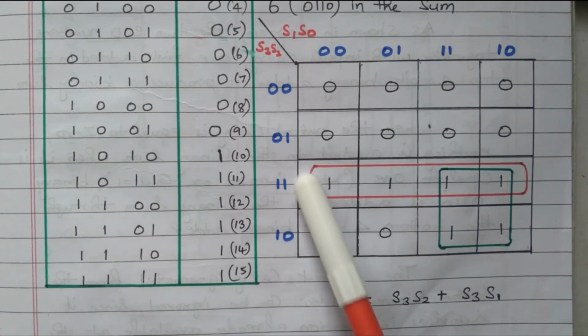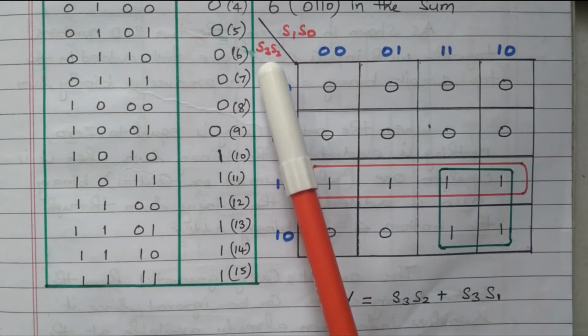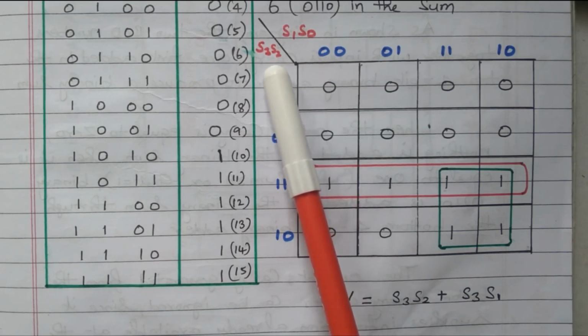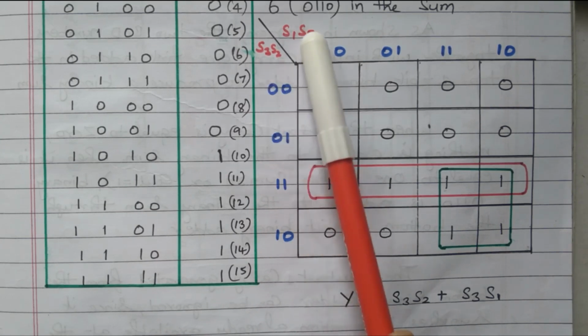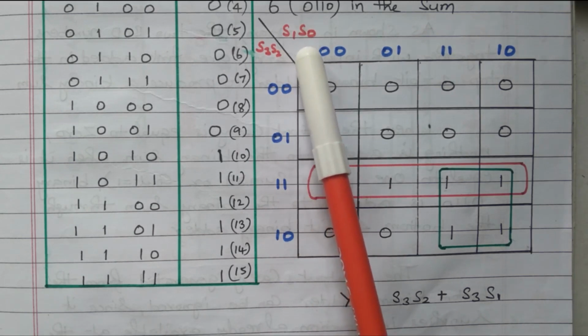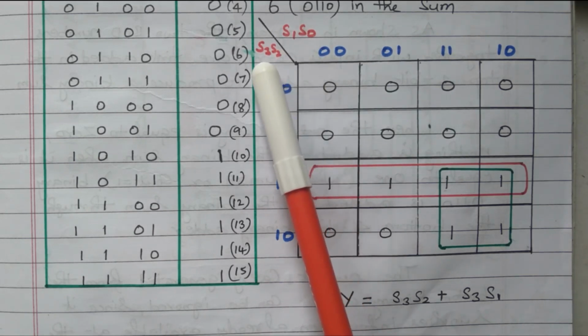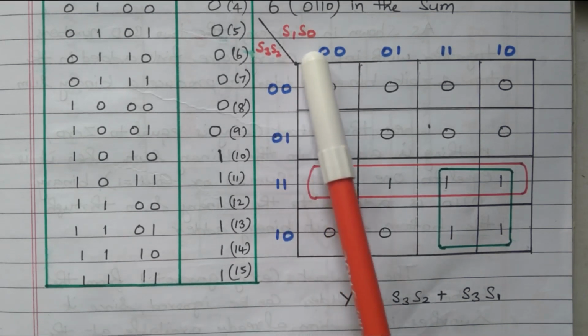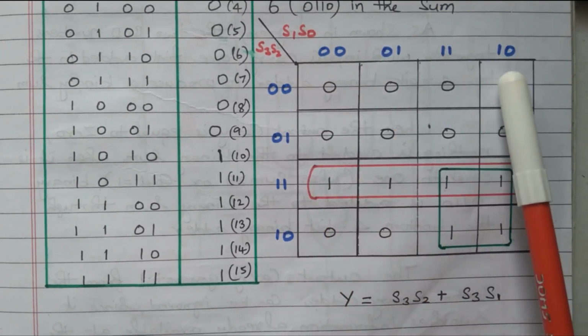So what are the inputs? S3, S2, S1, S0. These are nothing but the sum outputs from the BCD adder. Only with these we are checking whether the 4 bits represent a value greater than 9 or less than 9. S3 and S2 are represented vertically. S1 and S0 are represented horizontally.